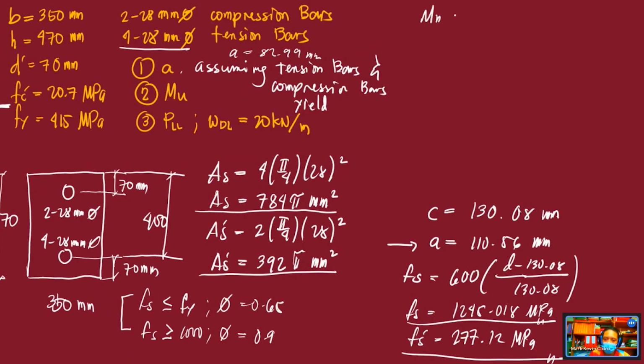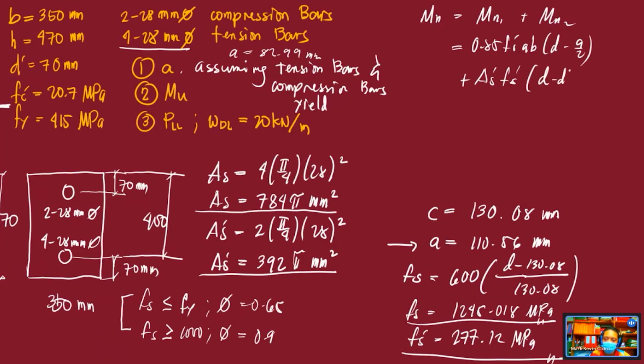Your Mn is equal to Mn1 plus Mn2, where Mn1 is equal to 0.85 Fc prime AB multiplied by D minus A over 2. And your Mn2 is equal to As prime multiplied by Fs prime multiplied by D minus D prime. Di ba? We have the Mn.